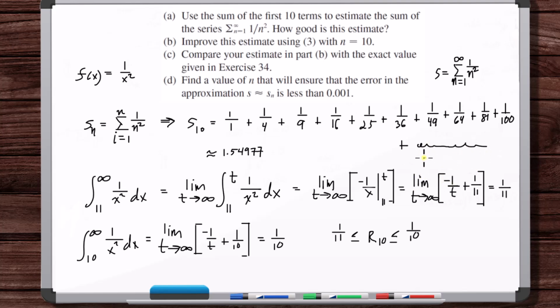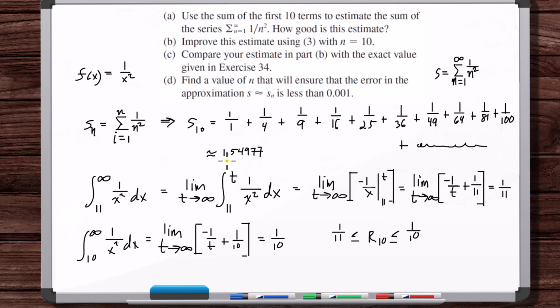It's telling us that the sum of all this other stuff is something between 1/10 and 1/11 inclusive. And so you can say it this way. All of this is no bigger than 1/10. We know this is less than the actual sum for sure, because we're summing the first n terms.